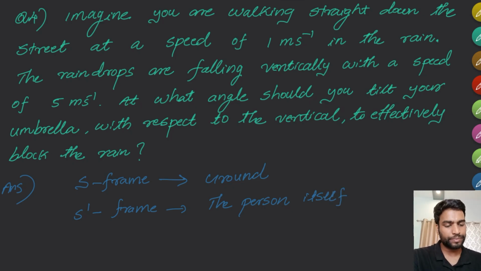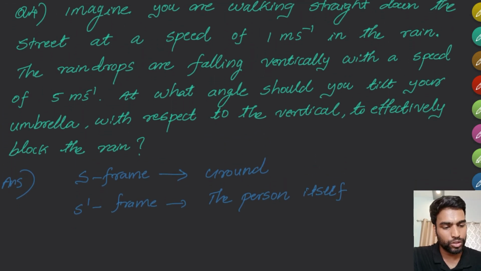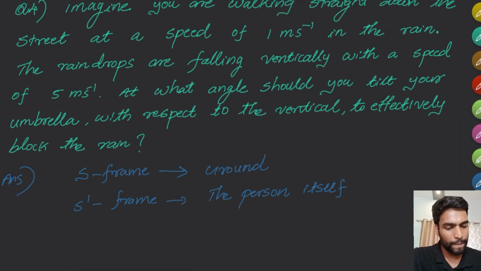This is because the person will feel the rain differently compared to another person who is at rest with respect to ground. Okay, right. And let me draw a picture to show you the actual direction of the raindrops.